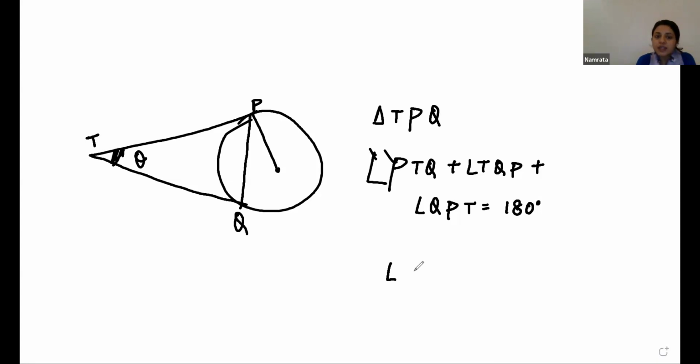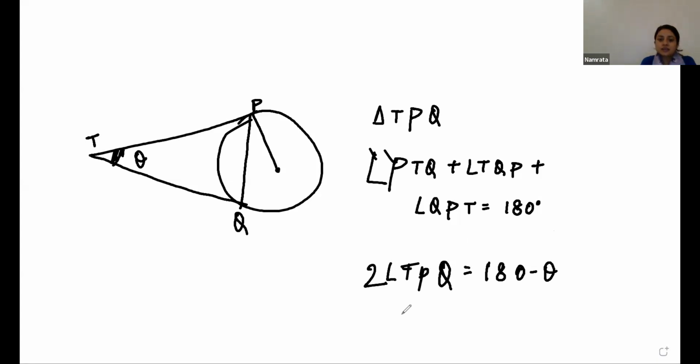So I am going to write two times angle TPQ is equal to 180 minus theta, right?